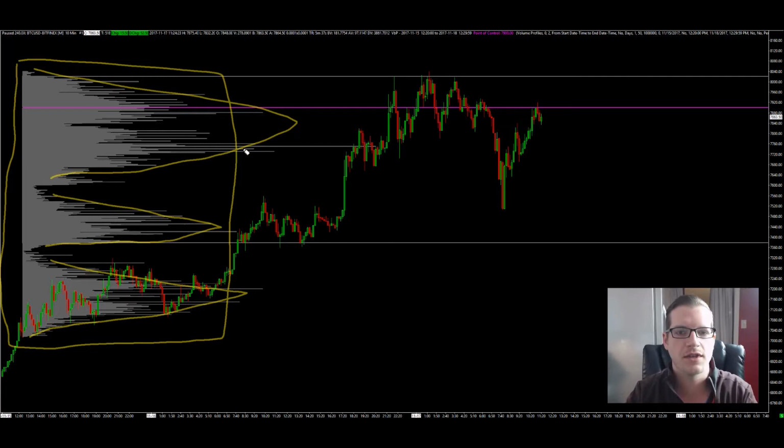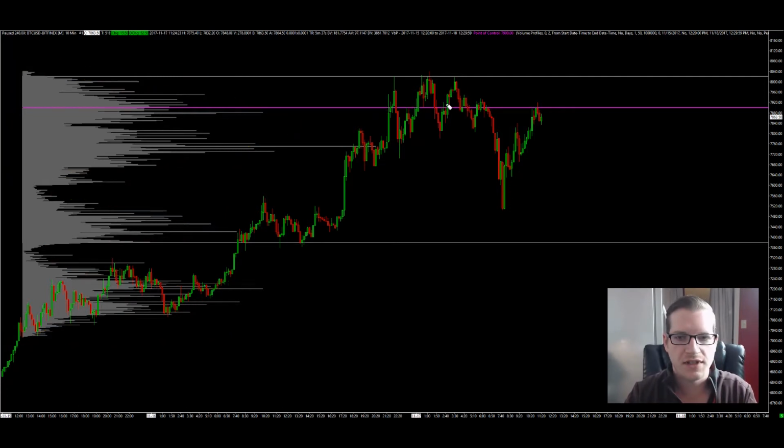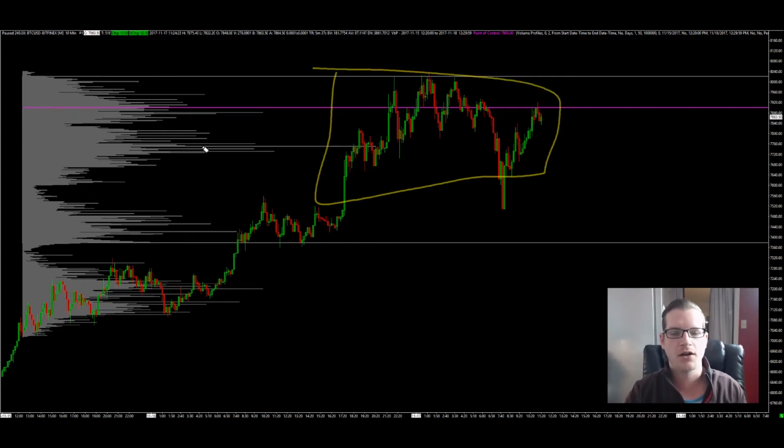This is the same thing I like to look for in trading. So we see the price move up, and this area here is that break of those highs from before. What I'm looking for is an area where price is likely to come back down to and then continue on with the trend.